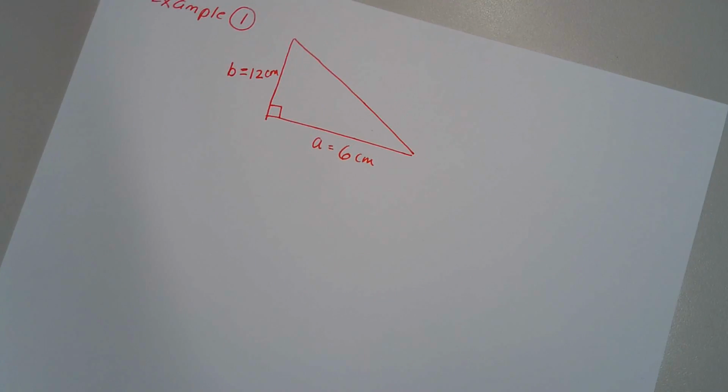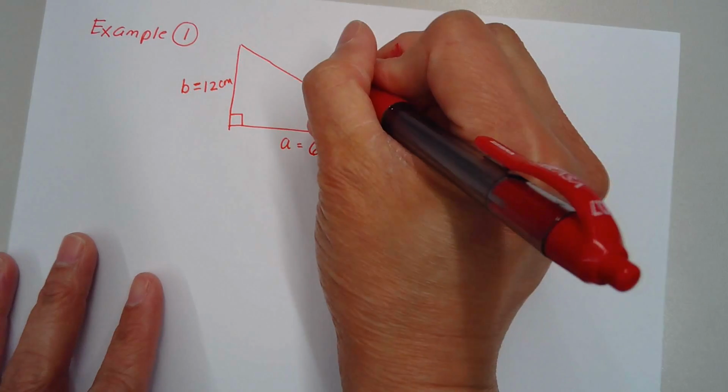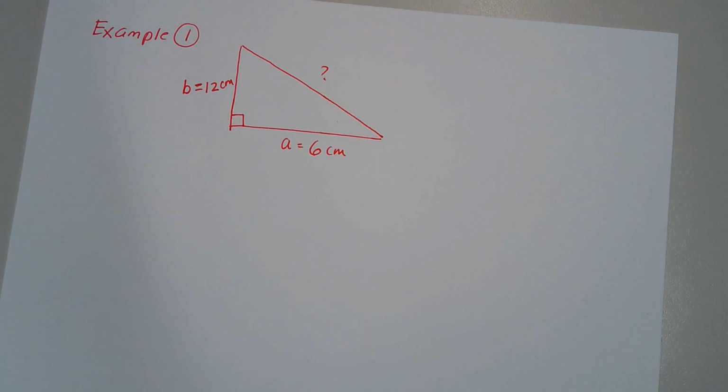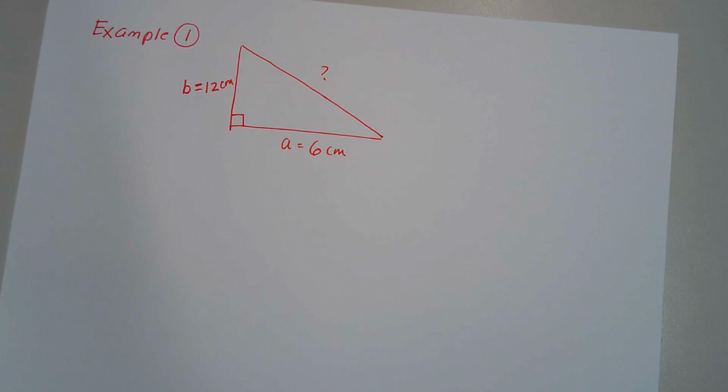So, here's the thing. How long is this piece? Not everybody is going to create a triangle just to figure out that side. We can calculate it. So, what can we do?